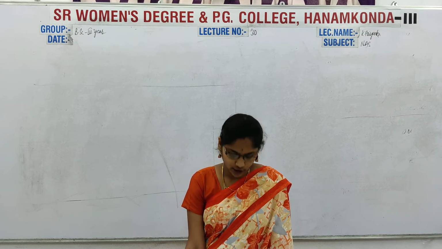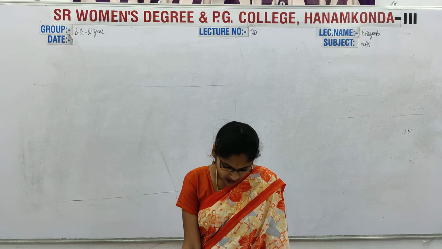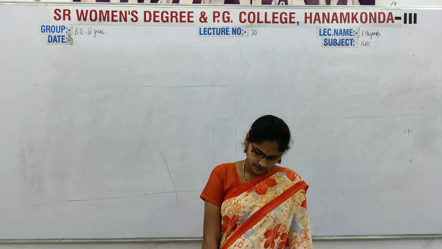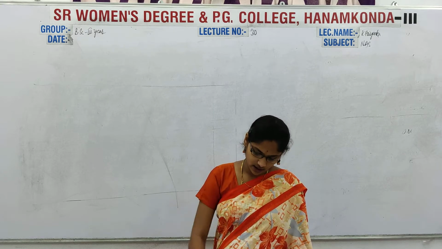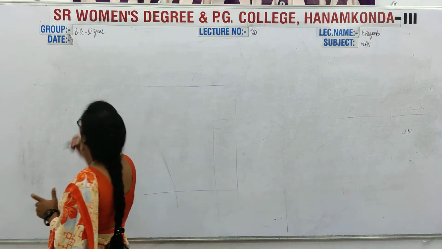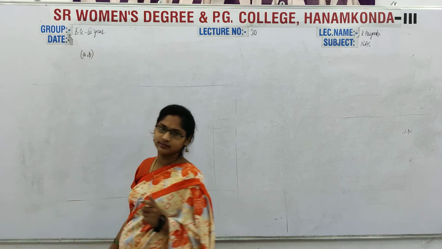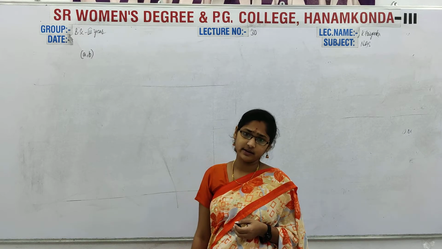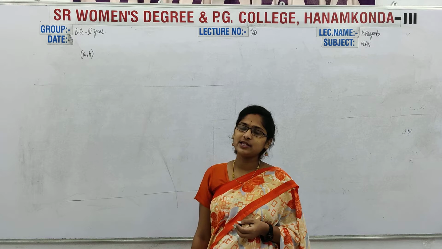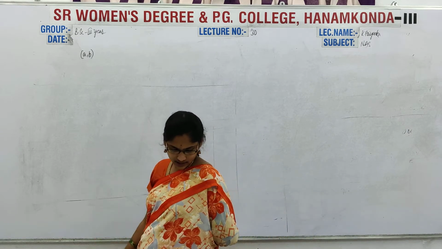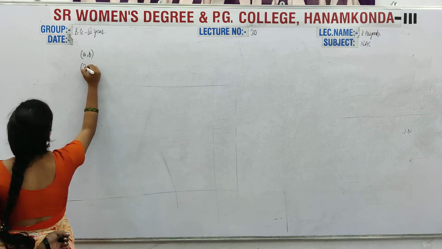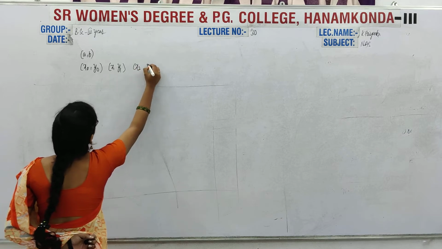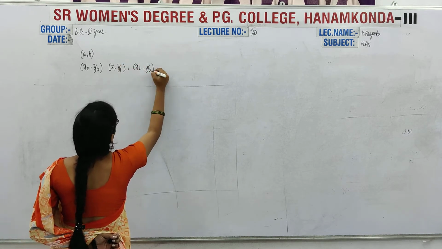Let y of x be a continuous and differentiable function over the interval a comma b, given the n plus 1 points as x0 comma y0, x1 comma y1, x2 comma y2 and so on.